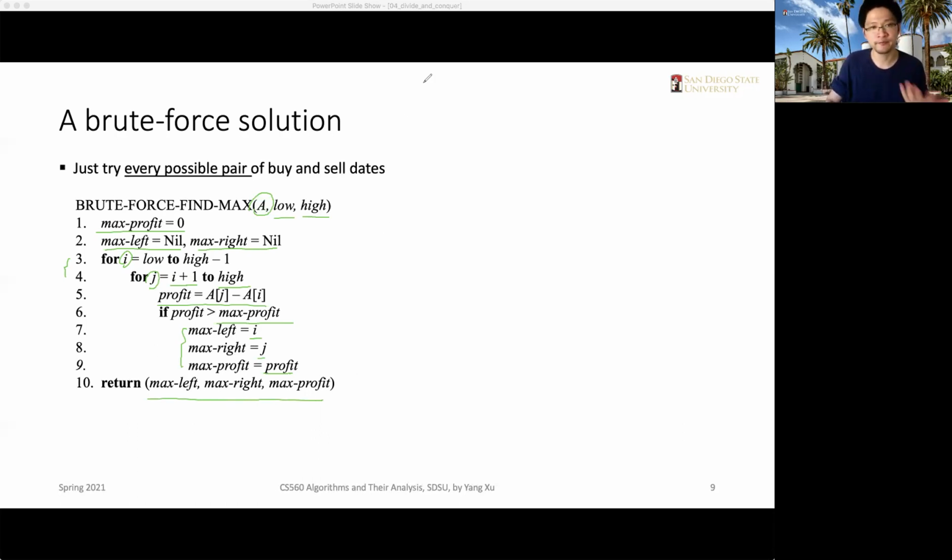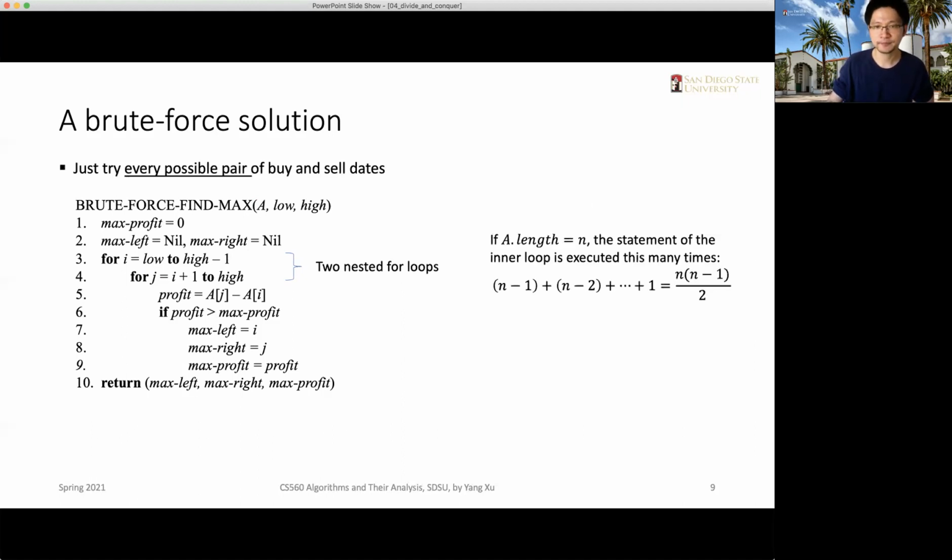This is a very easy solution to think of, because we don't care about running time. We don't care about efficiency. So this is guaranteed to give us a solution, right? How much time it costs is also straightforward to compute.